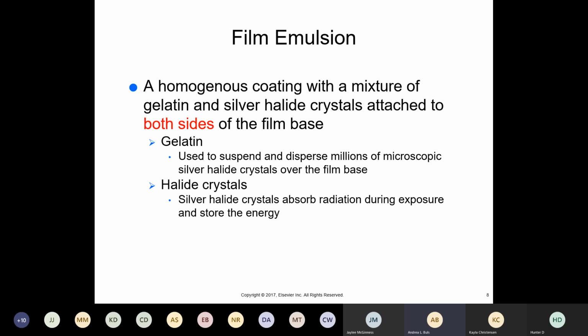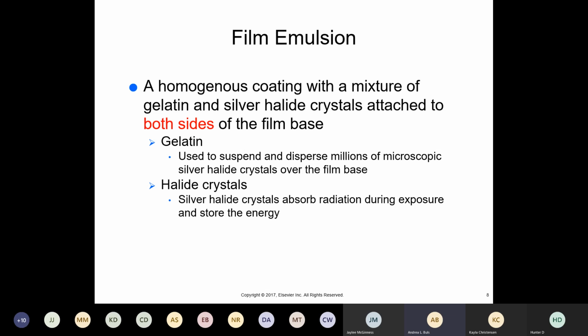They could make film that's far better as far as sharpness, but you're going to be exposing your patient to a lot more radiation in order to expose that film. I didn't mean to say faster. It's not going to be faster. If we have more crystals, it's going to be slower, but it's going to be a better picture.